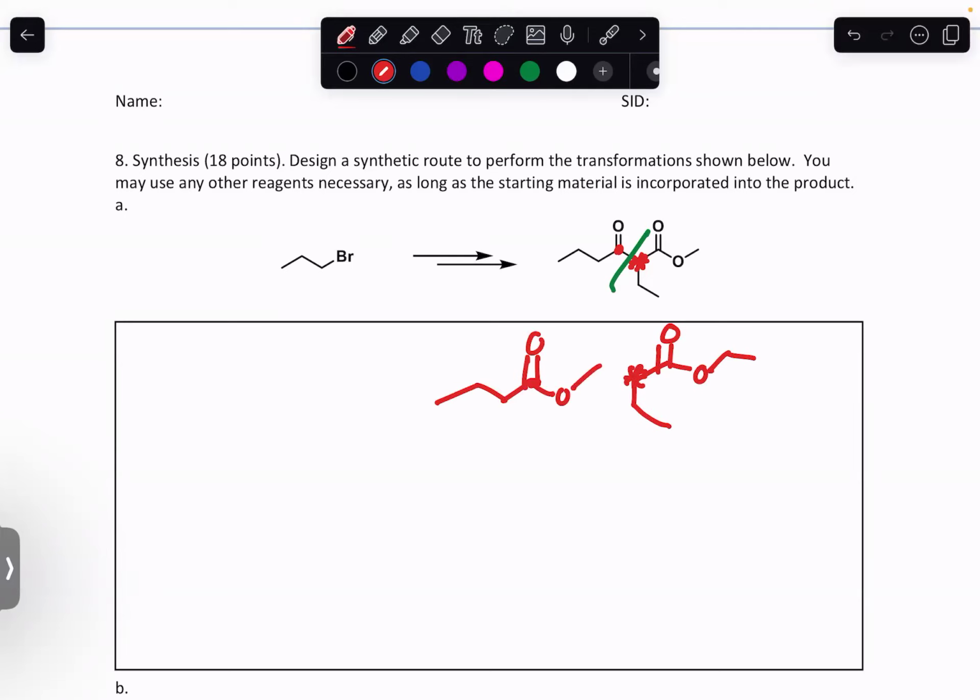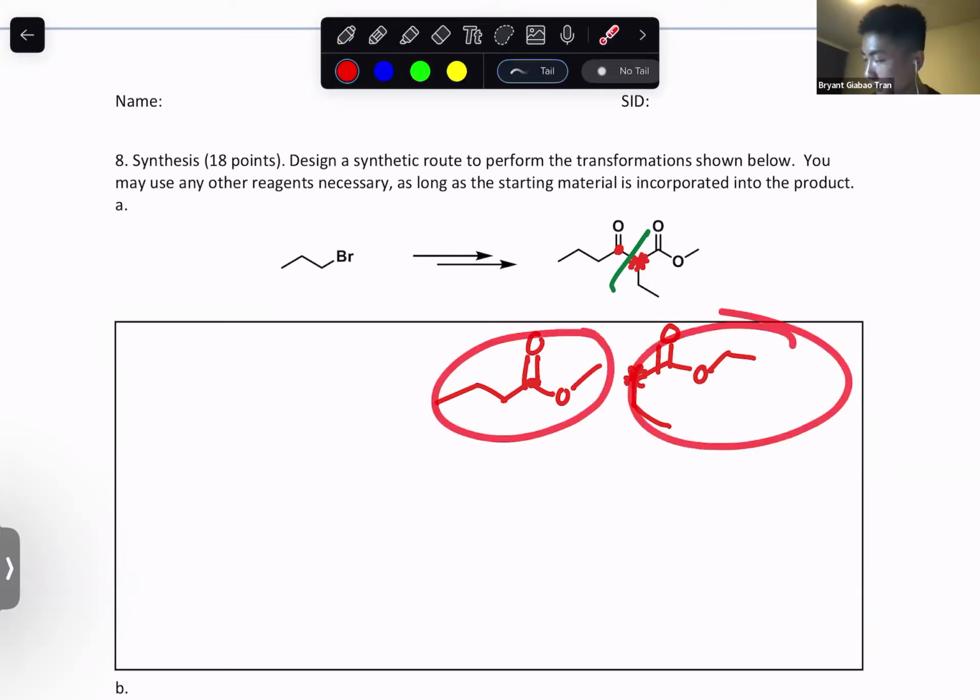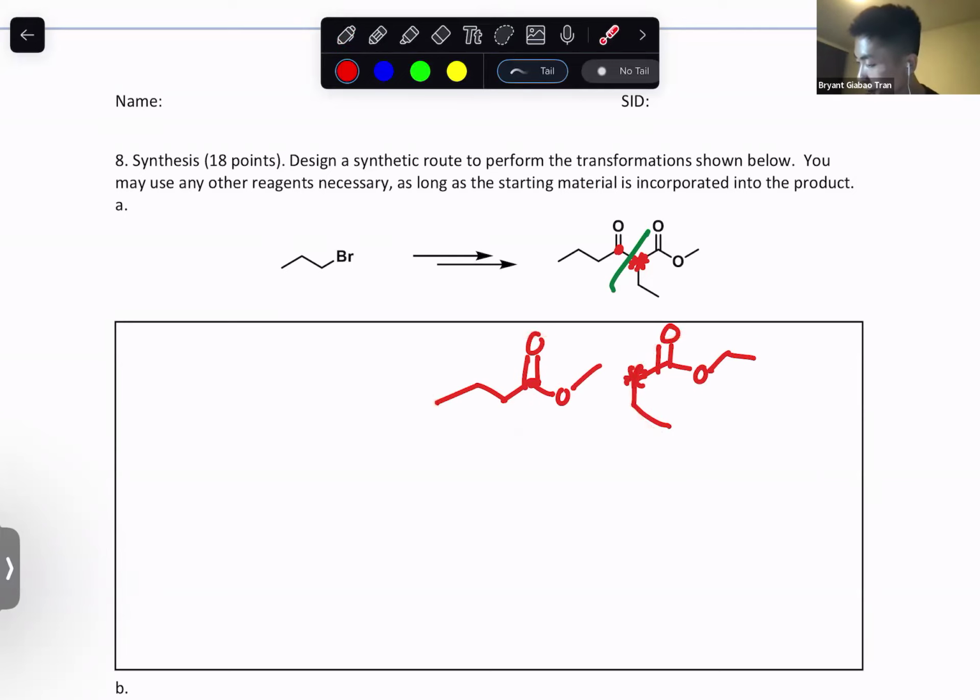You notice how these two esters are the exact same because the OR group is the exact same OR group as the other ester here. The R group on the ester, 1, 2, 3, 4 carbons long, is the exact same, 1, 2, 3, 4 carbons long.